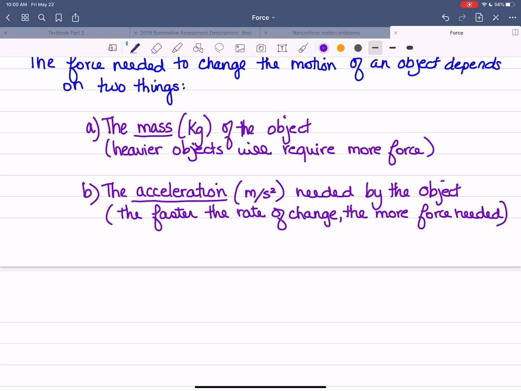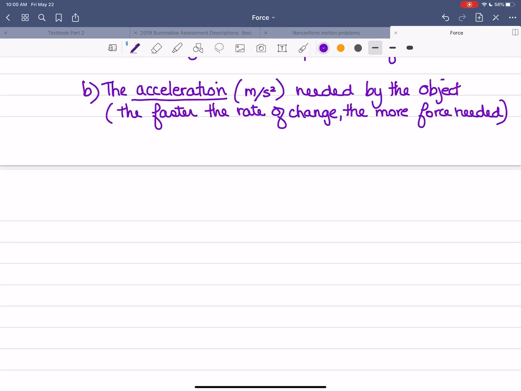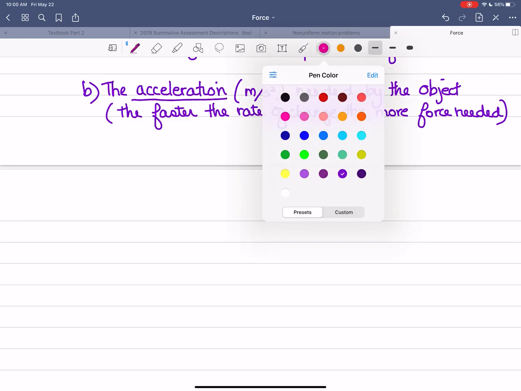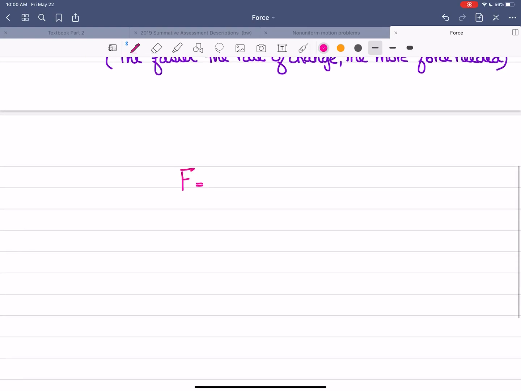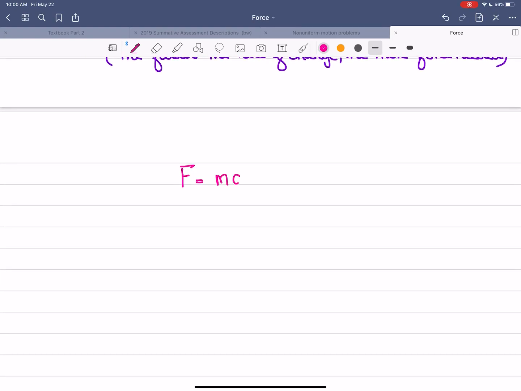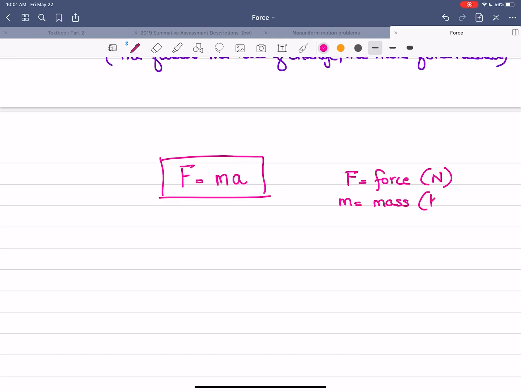Okay. As a formula then, we see these two factors. So force, F, is going to be a product of the mass and the acceleration of the object. So this is the formula we need to find force, where F is the force in newtons, M is the mass in kilograms, and A is the acceleration in meters per second squared.